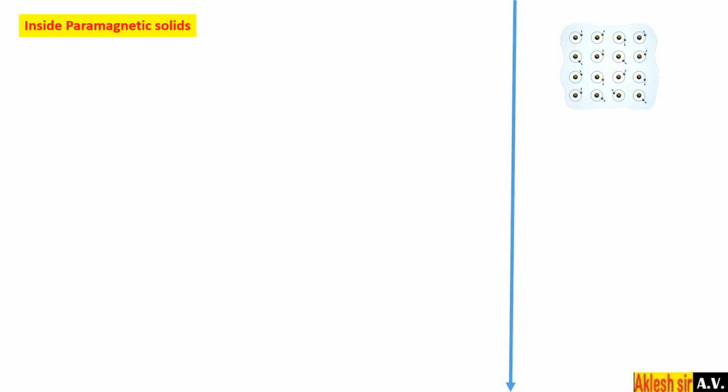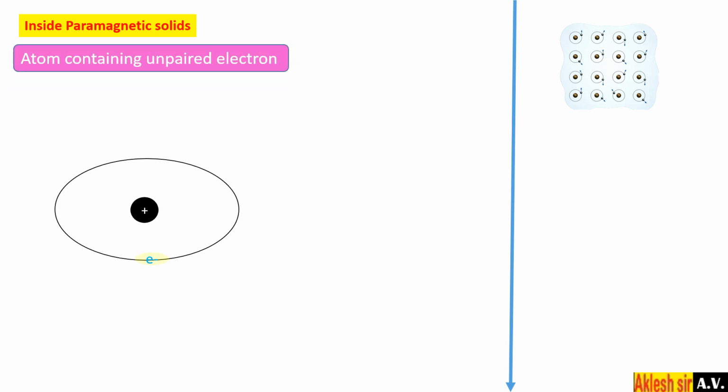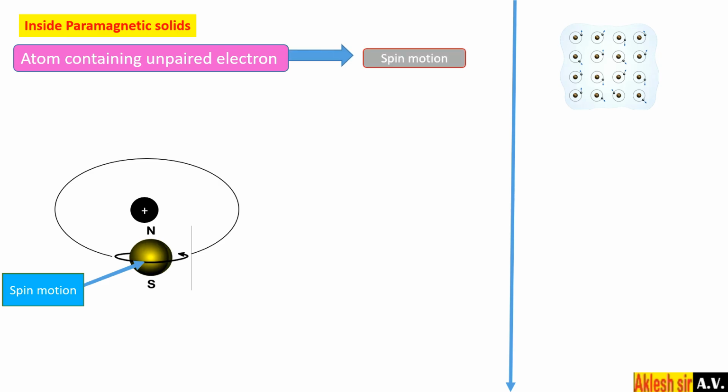Inside paramagnetic solids, atoms contain unpaired electrons. These unpaired electrons have orbital motion and also spin motion around the nucleus. Because of this spin motion, each electron behaves like a tiny magnet and produces its own magnetic field. This creates a magnetic moment for each atom.